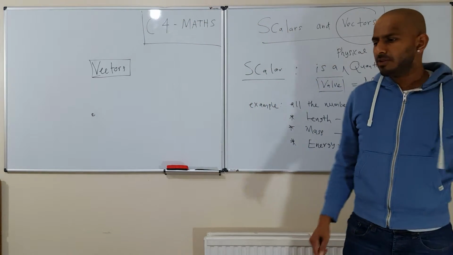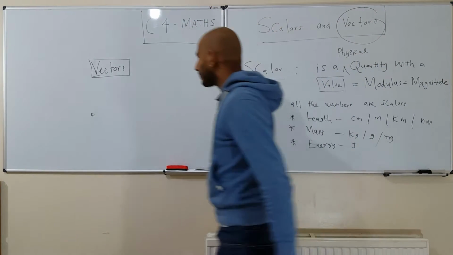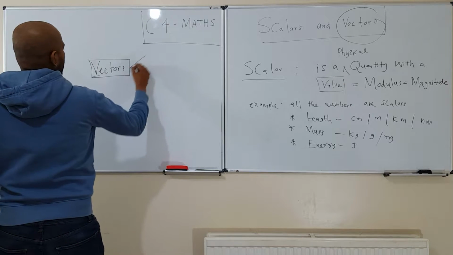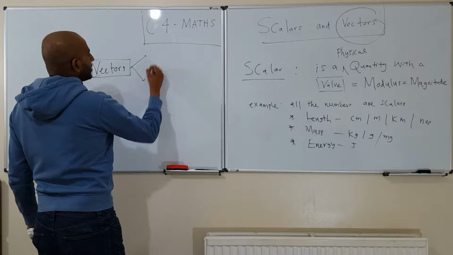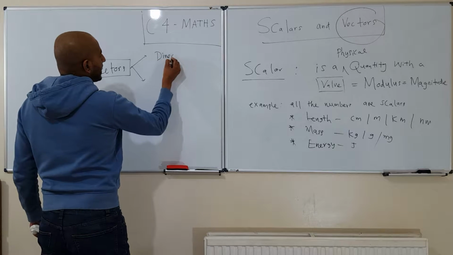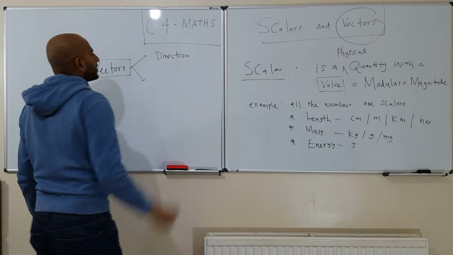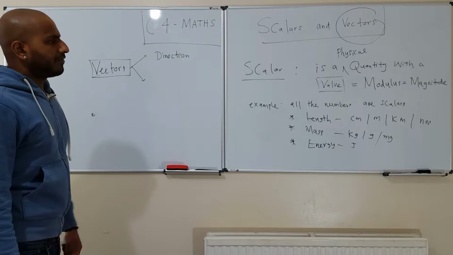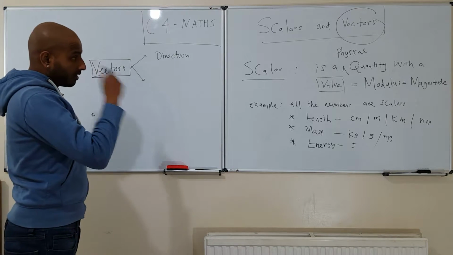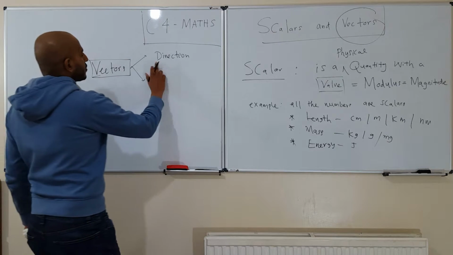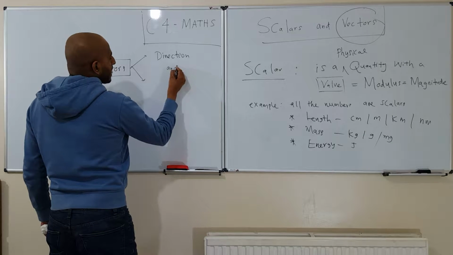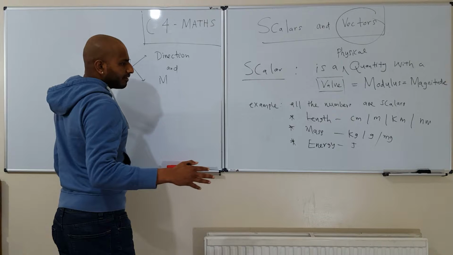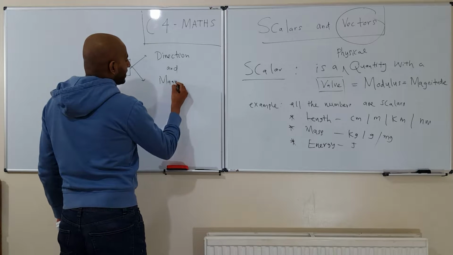Any vector has two properties. Number one, a vector has something interesting, a direction. A vector has a direction, and also a size, a magnitude, like a scalar. So a vector has direction and magnitude.